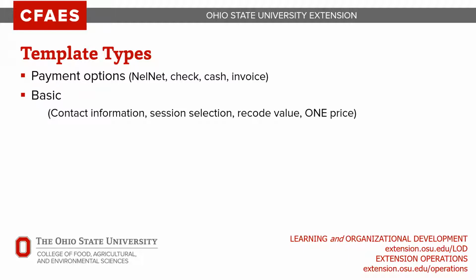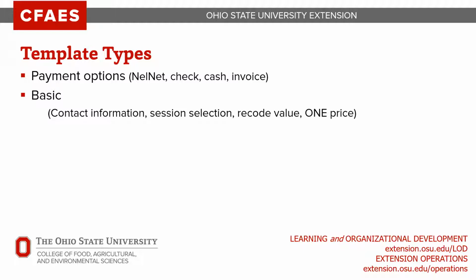So our basic template is going to collect their contact information, like name, email address, if you need a phone number, if you need a mailing address. It will also have the ability for them to select a certain session. Then it will use something called a recode value to tell NelNet how much to charge their credit card.